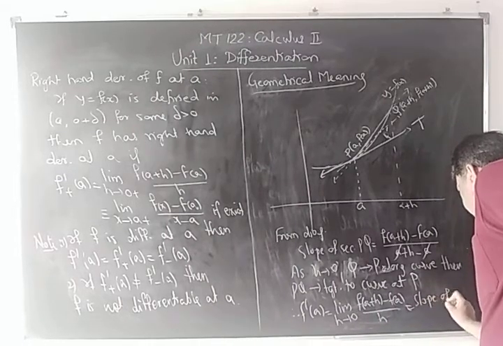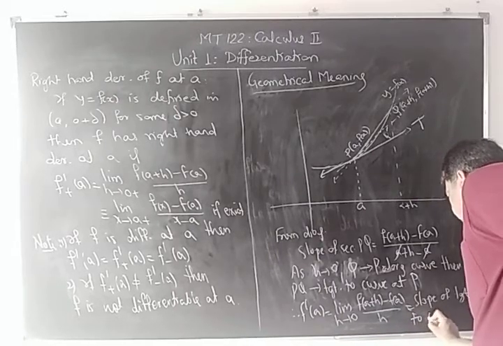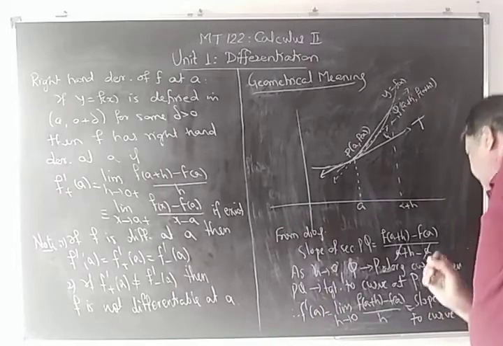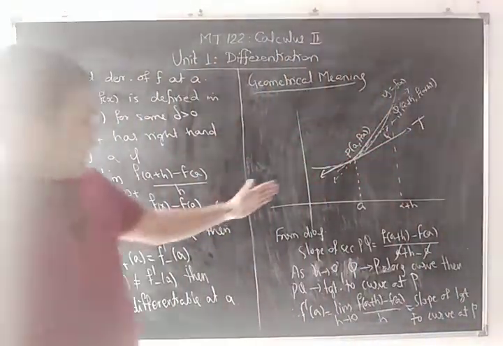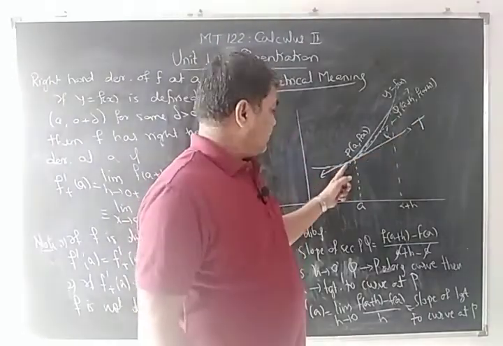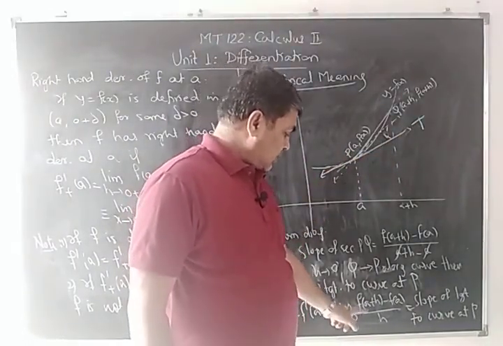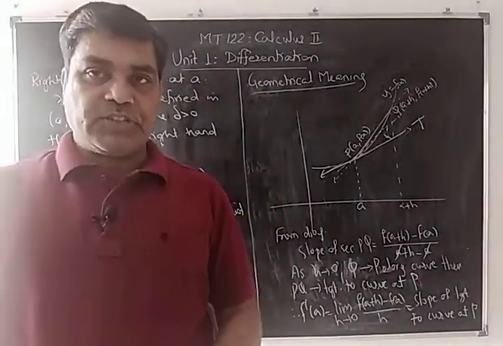Slope of tangent to the curve at P. So the tangent PT at P, its slope is nothing but this one, which is exactly f dash a.